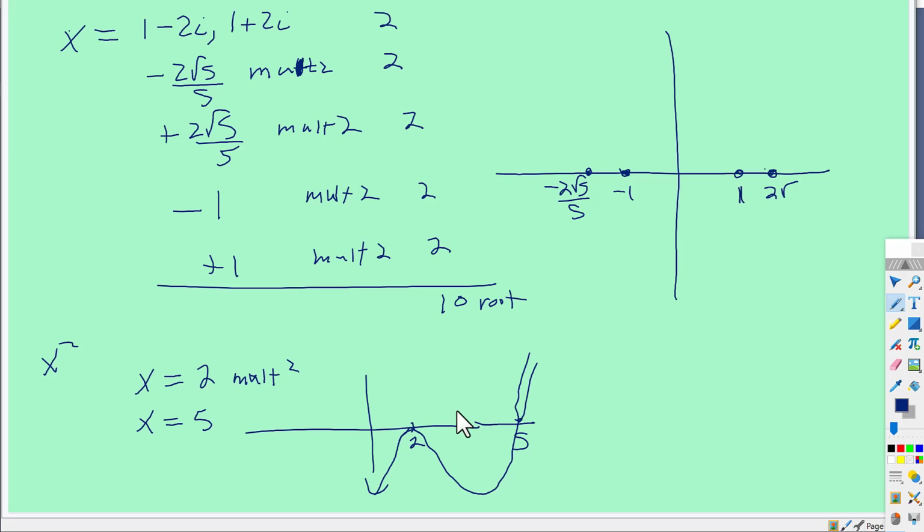We've got 10 roots, so remember, there's going to be 9 turns, 1, 2, 3, 4, 5, 6, 7. I guessed. I got lucky. I did that enough times. But when there's a multiplicity of 2, you won't have 9 because they're going to be coupled up. So it's going to look something like this.